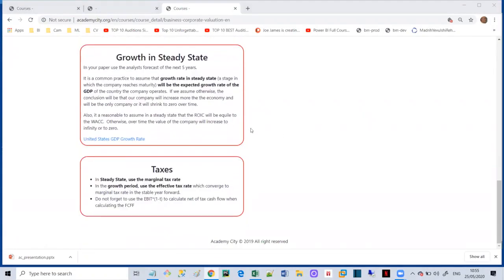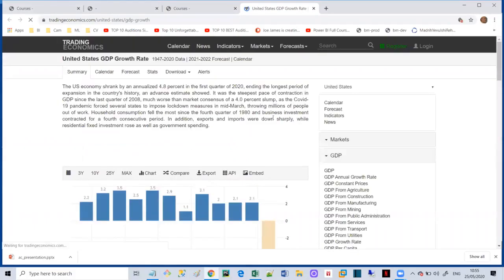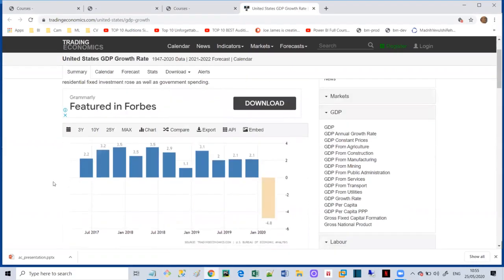I gave you a link here. If you click on it, it shows you some estimates of what the economy was in the last several years. Most of them are around 2.5 in the last year, and 3.1 is the highest here. Here it was 1.1. So assuming 2% is not a bad idea for the long run.